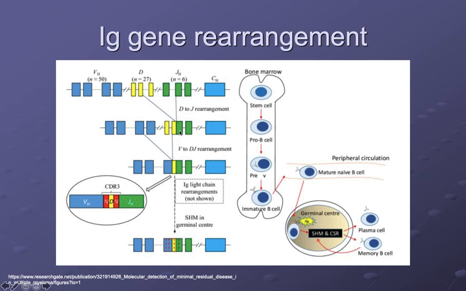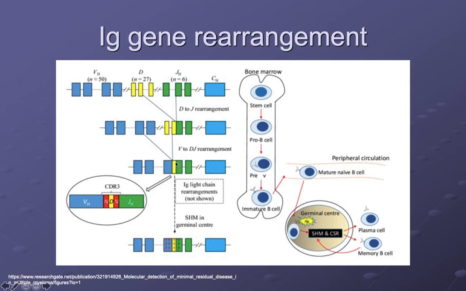Subsequently, a V segment, variable segment, will be attached to that initial DJ rearrangement. So that will give rise to that VDJ rearranged gene segment.